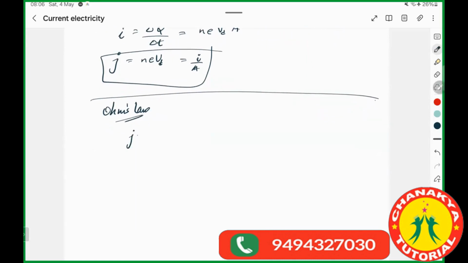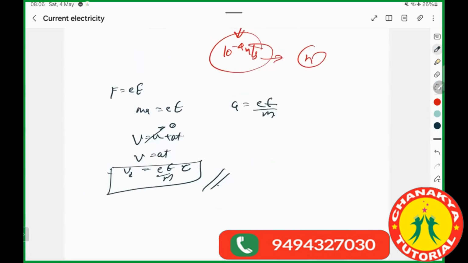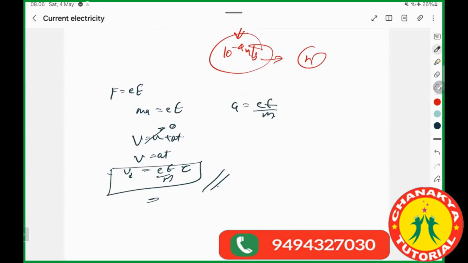Now, as we know, J equals n e v_d. So v_d we can write from the previous formula, e E tau by m.